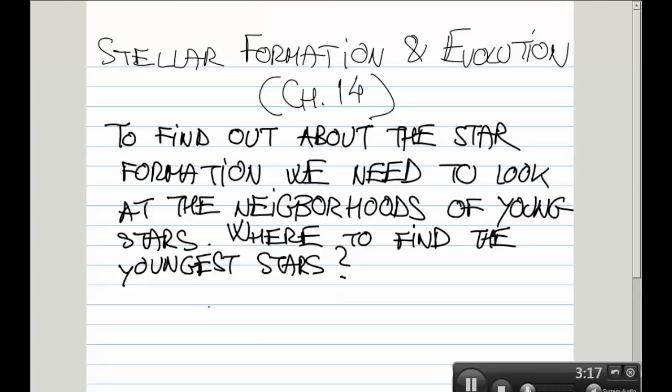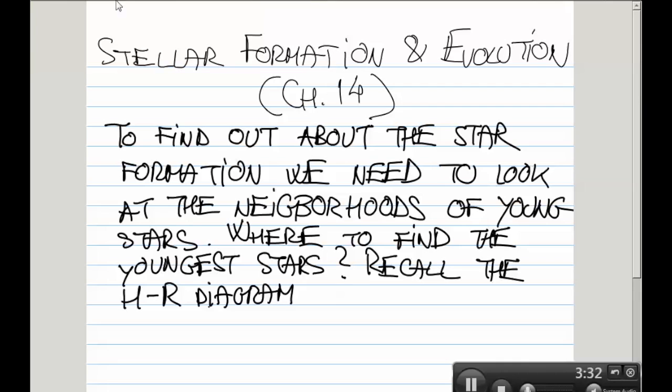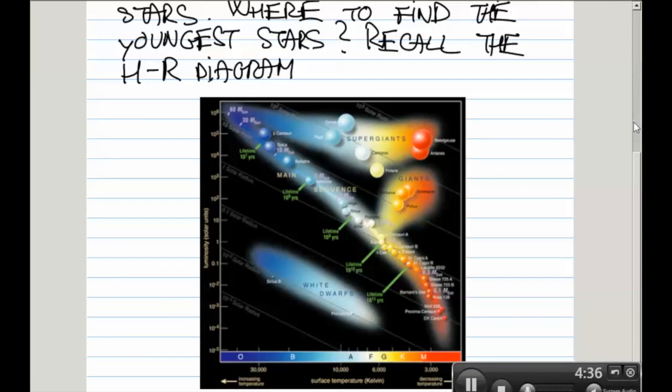Well, you need to recall the so-called Hertzsprung-Russell or HR diagram. Those of you who took Astronomy 1P01 will recall this HR diagram, where for a group of stars, say in a star cluster or several clusters of stars, we measure for each one its luminosity, which is the energy output of a star, and the surface temperature.